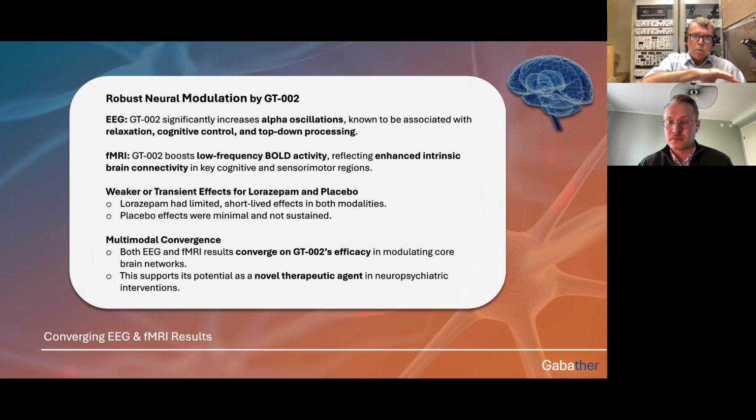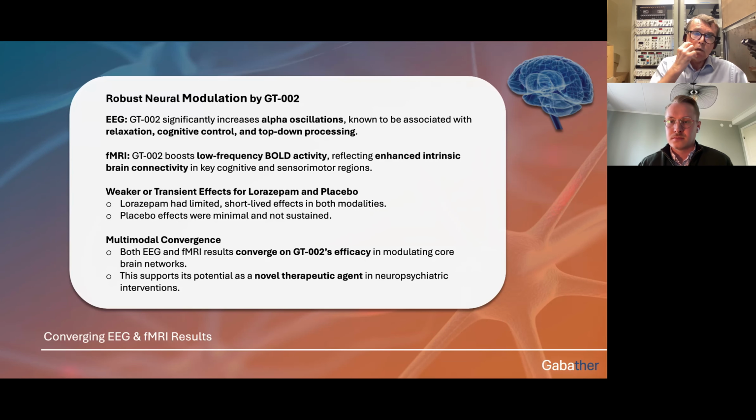If you do the same with a placebo, you would see a very slow effect or nothing that disappears. Nothing really happened. And with lorazepam, you would see probably a little bit lower. So you see the difference in the timing, and you see the difference between GT002 and the 3 different modalities.